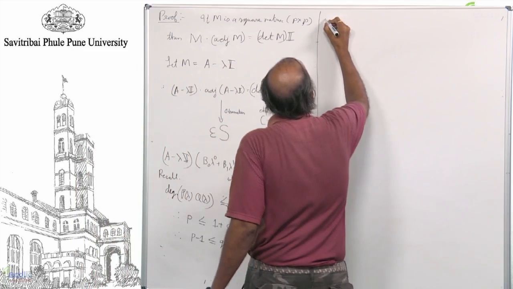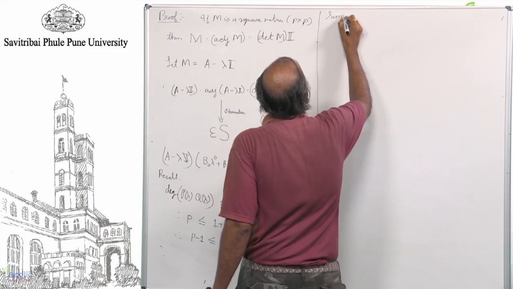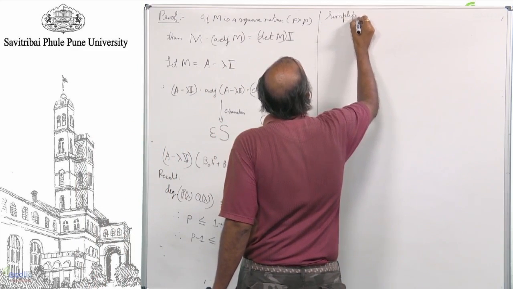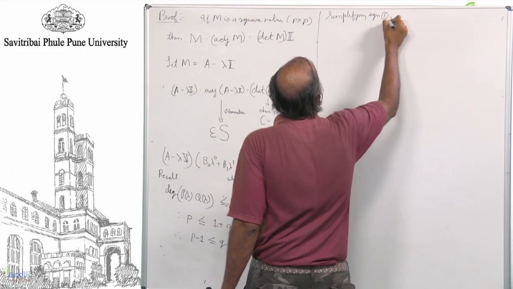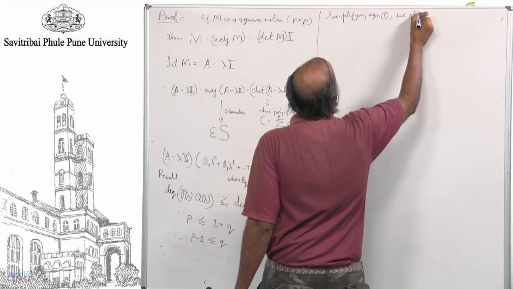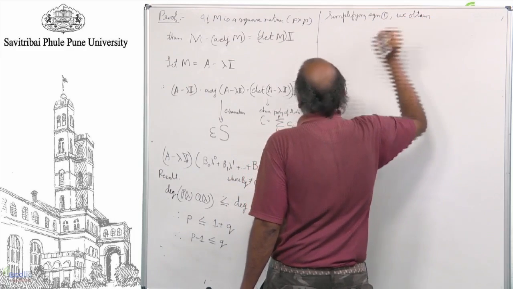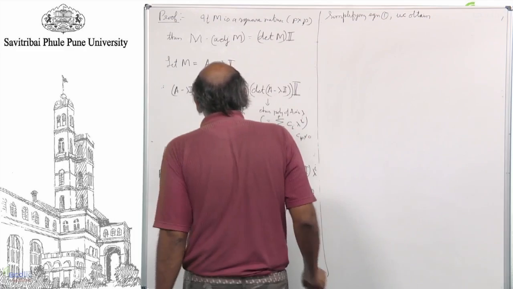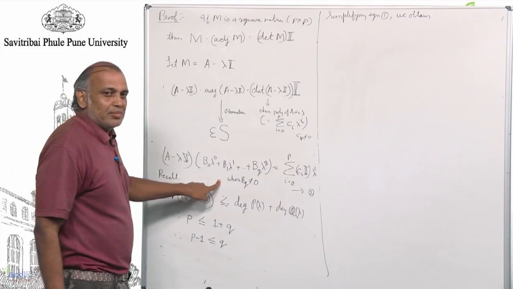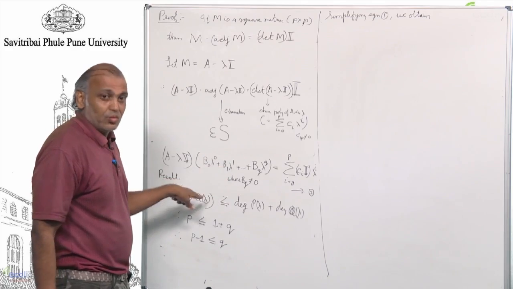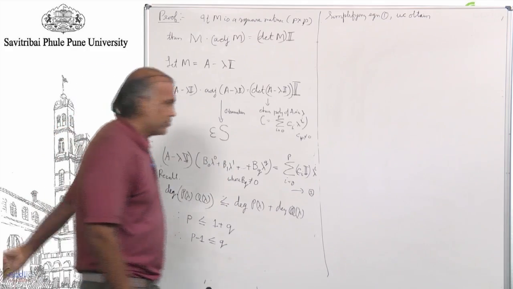So simplifying equation 1, we obtain the following. You could either work out things like this, but let me put this as a summation over i equal to 0 to q. That's easy.